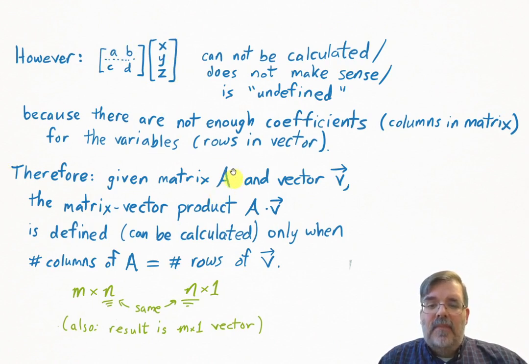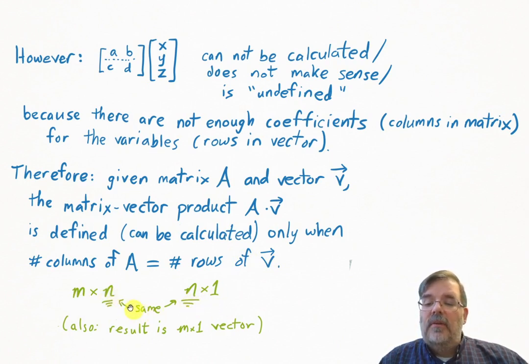If we're given a matrix A and a vector V, the matrix vector product A times V is defined, or it can be calculated, only when the number of columns of the matrix is equal to the number of rows of the vector. Or if you think about it this way, if your matrix is an m by n, then your vector, to be compatible with multiplication, must be n by 1.